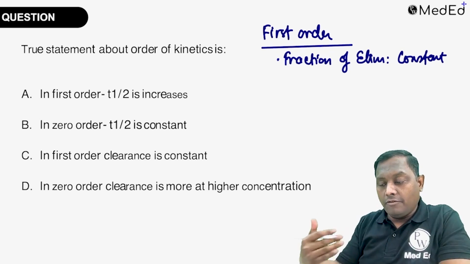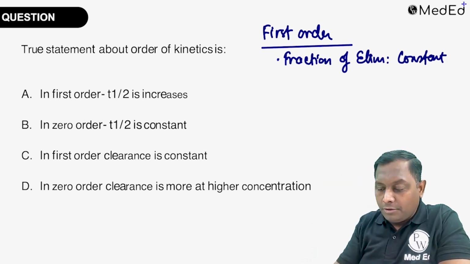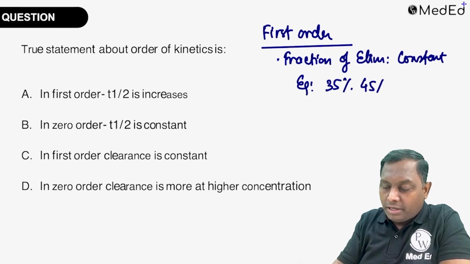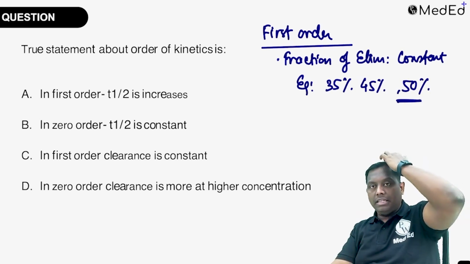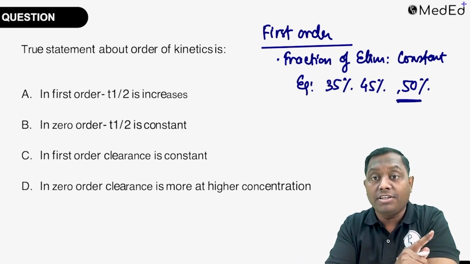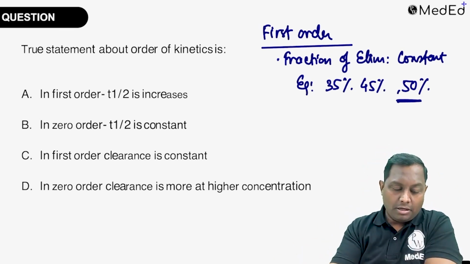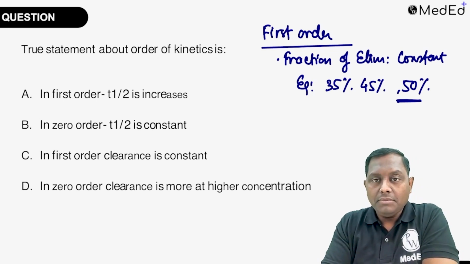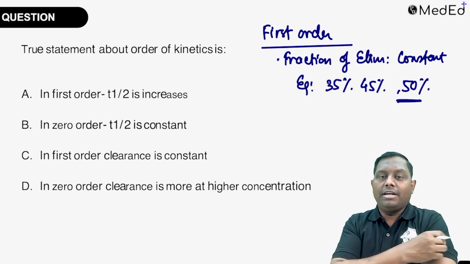How much fraction? If, for example, you take 35%, or 45%, or 50%, whatever number that is, it is going to be constant. A fixed fraction of the drug will be eliminated. You guys can give the answer to this question and then we can discuss accordingly.